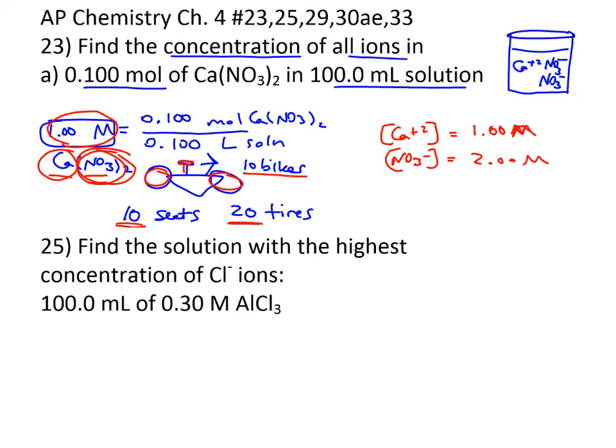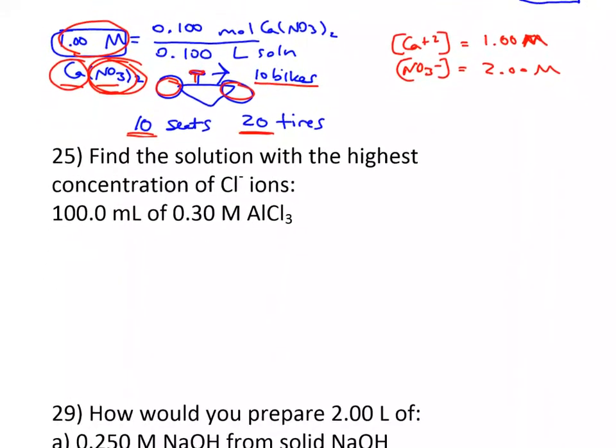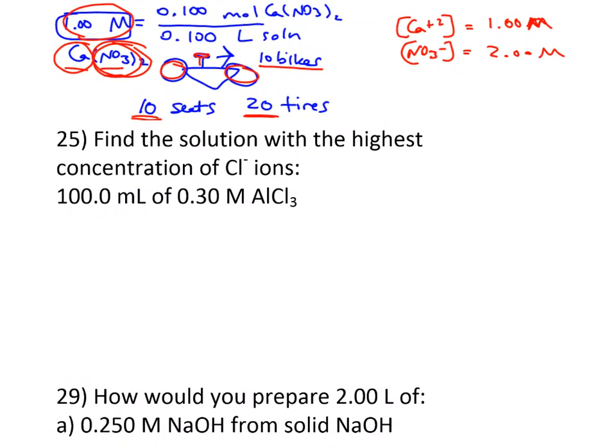25 is a very similar problem where you have to find the concentration of chloride in each of these solutions. So once again, if you look at AlCl3, you could see that that solution will be 1 Al plus 3 and Cl minus is times 3.